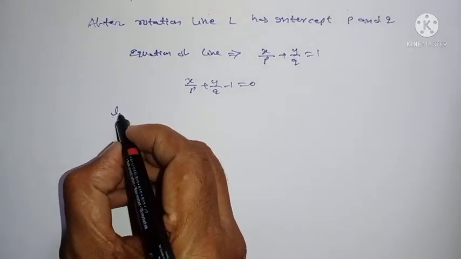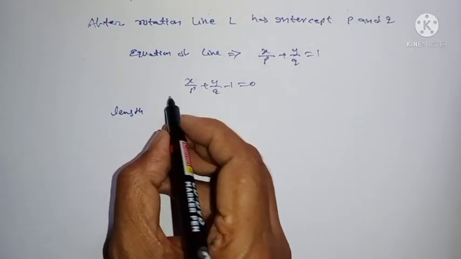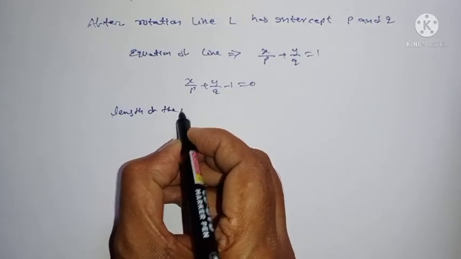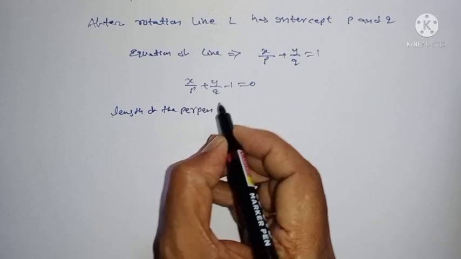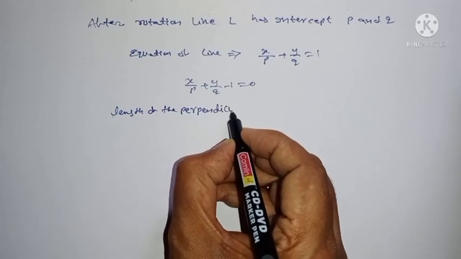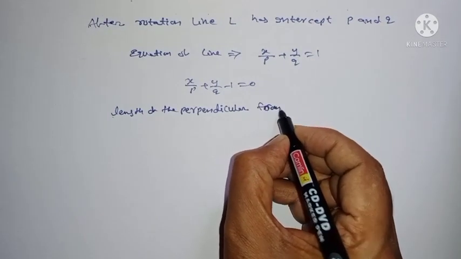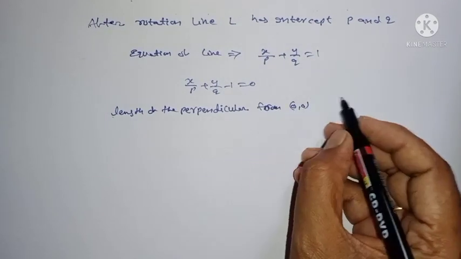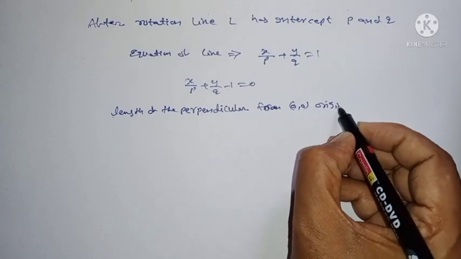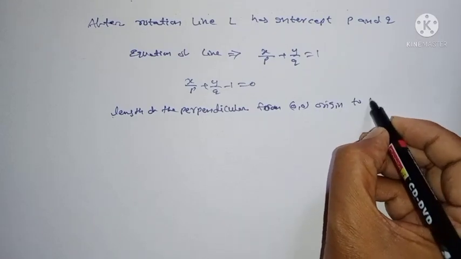Similarly, you can find the length of the perpendicular from origin (0, 0) to the line.